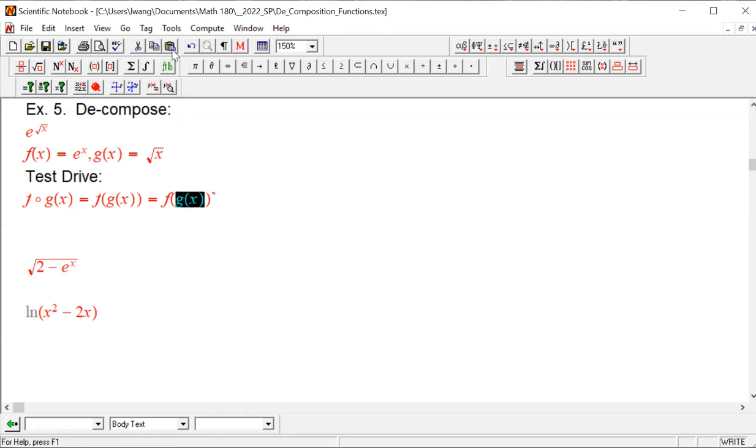That's for g. When we do f, the rule of f is take that input and power e. So we have e to the power of square root of x. There, it works, right? And make this example number 6.